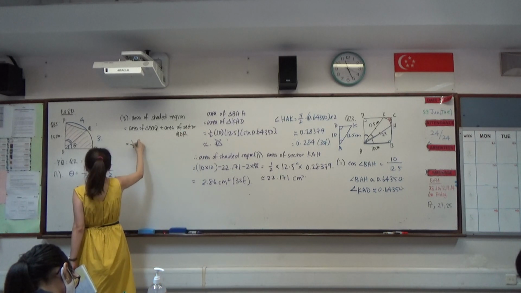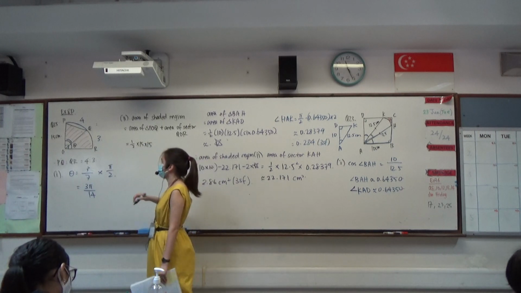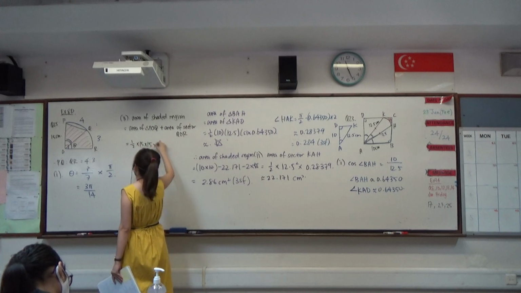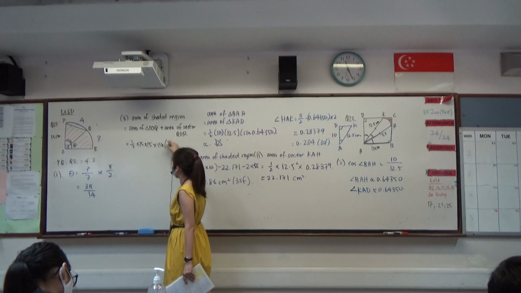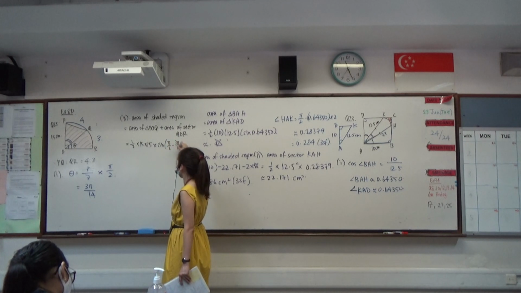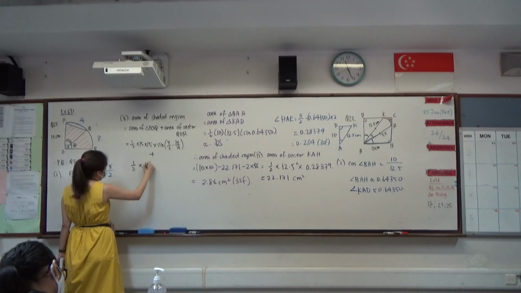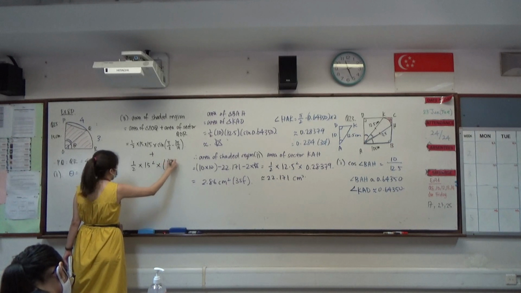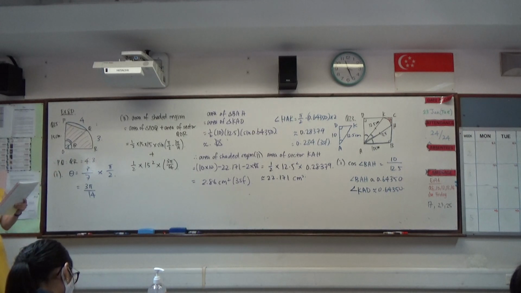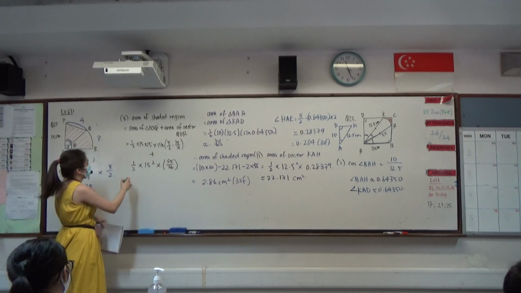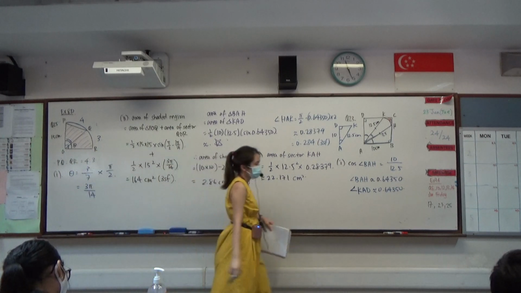So we have half times 15 times 15, because OQ is the radius, times sine of angle POQ, which is pi/2 minus 3pi/14, plus half r squared theta. Okay, and we should get a value of 164 when rounded to 3 SF.